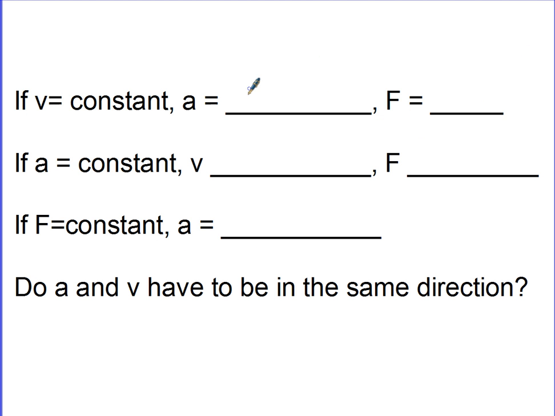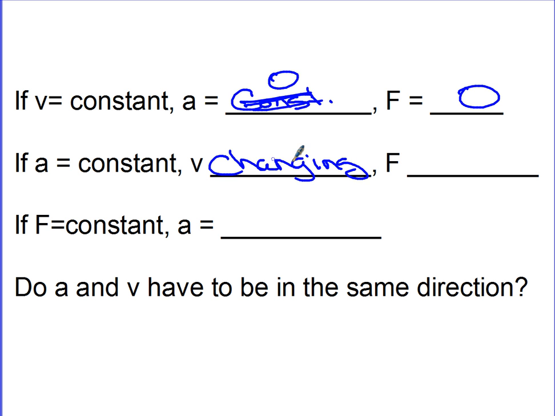If v is constant, a is 0, and therefore the net force is 0. If a is constant, v is changing, and the force is constant. If F is constant, a is constant.